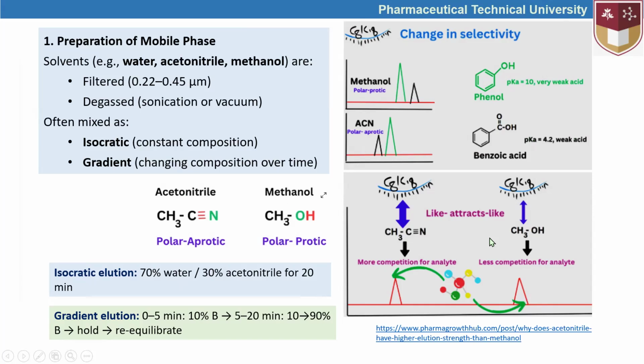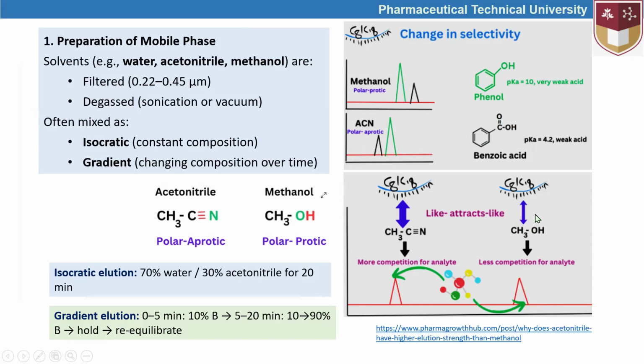These are the points that we have to pay attention to while we are learning the mechanisms and while we are developing the methods for the identification and quantification of some compounds. Here we can see that not only the interaction between methanol and benzoic acid and phenol, or acetonitrile, benzoic acid and phenol, but also the interaction between the eluent and the sorbent, silica gel C18, plays a role.